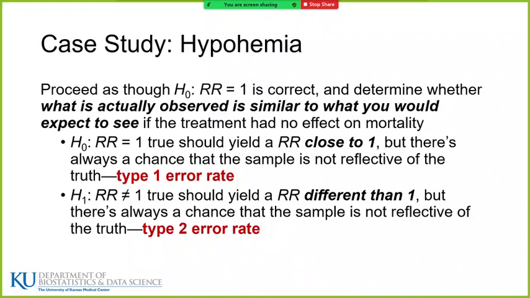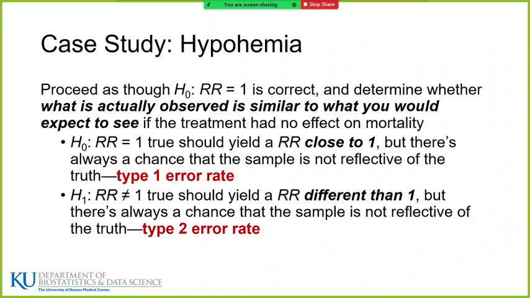With that assumption in place, then we investigate the data. We look at the data to see whether or not the data agree with that assumption, or do they disagree with that assumption? And to what degree does it agree or disagree? So once we're going through this process, we're just determining whether what we observe in the data is similar to what we would expect to see if the treatment had no effect on mortality.